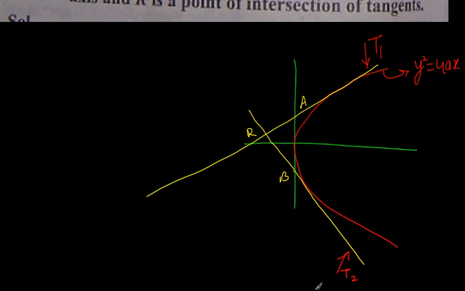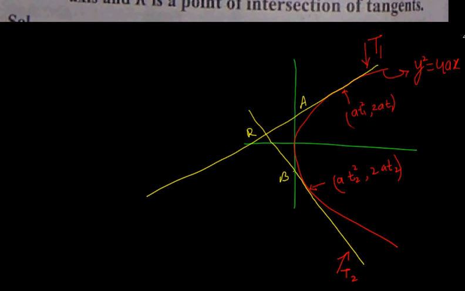Let's assume the tangent at the point (at1 square, 2at1). This is the point here. Here we have a point (at2 square, 2at2). These are two points.